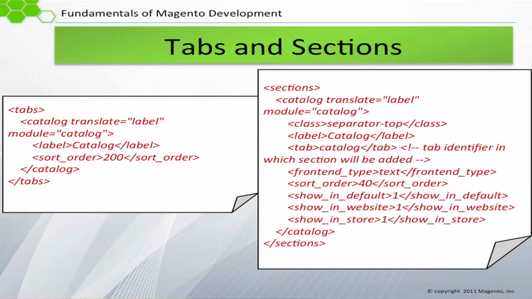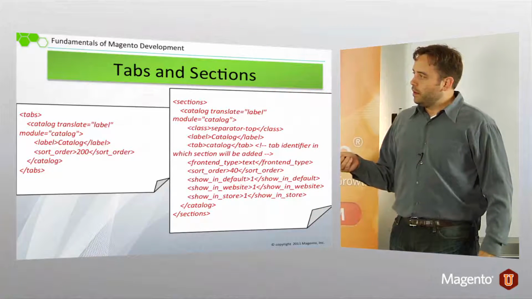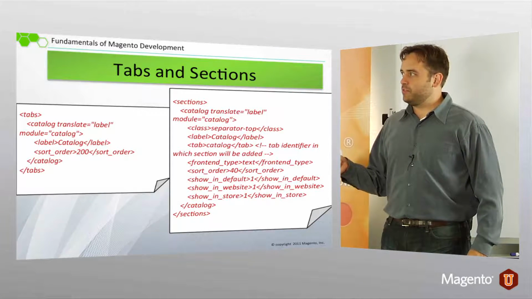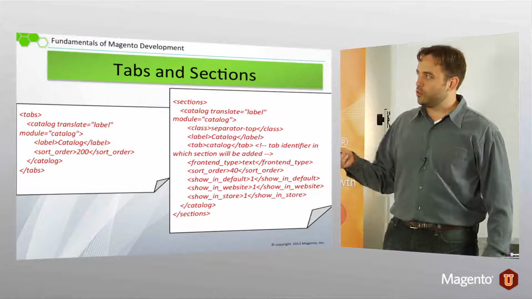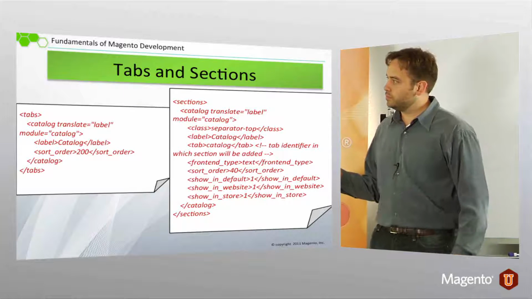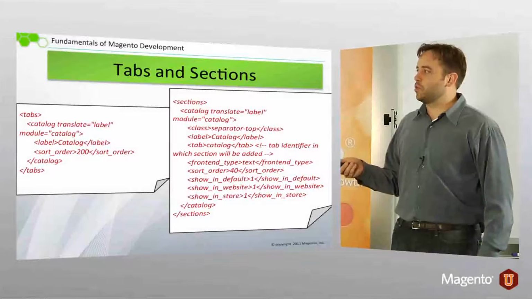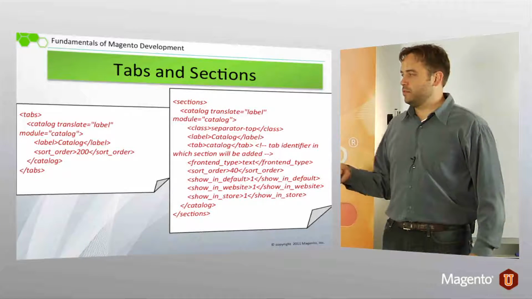And then here is where we associate this section with this tab. So that would make this display under that catalog tab. And we specify a front-end type of text, which would be used to render this value. And a sort order, and then these three values.